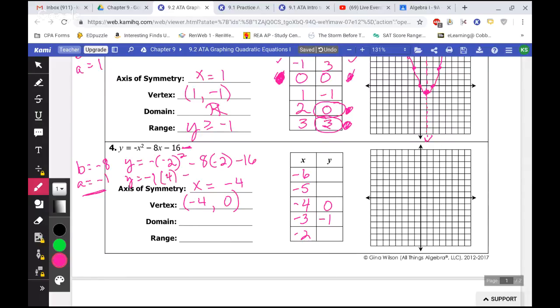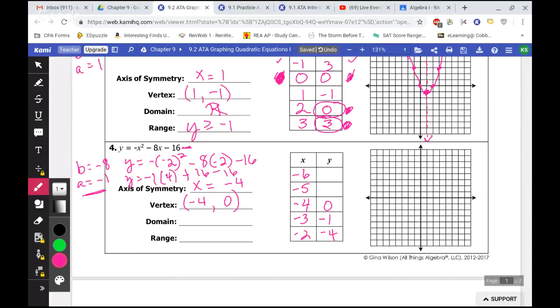Negative 8 times negative 2 is a positive 16. So I have negative 1 times 4, which is negative 4. Negative 4 plus 16 is 12, and 12 minus 16 is negative 4.